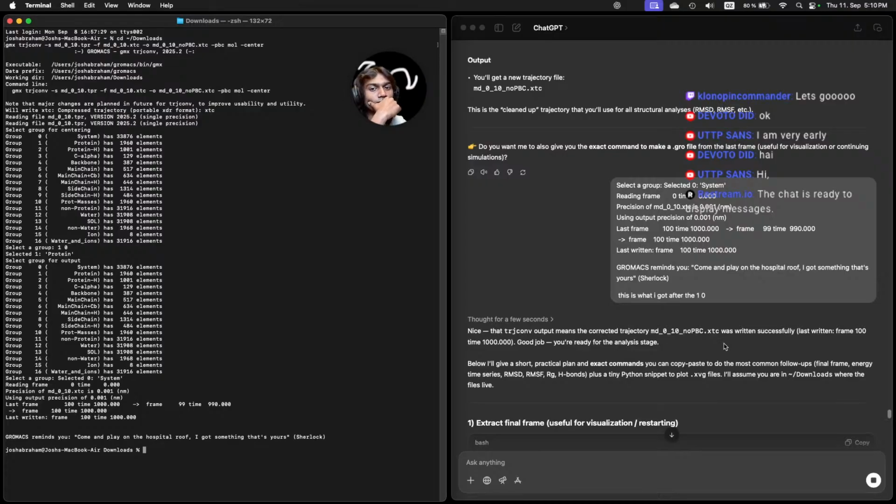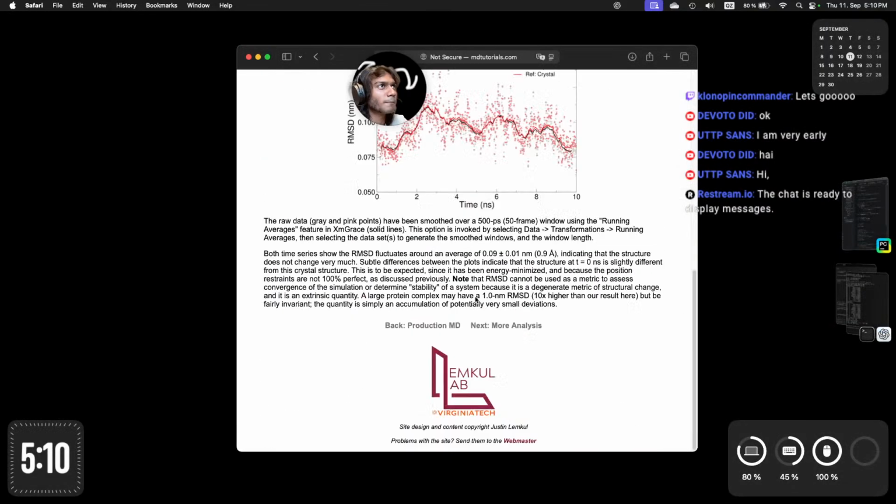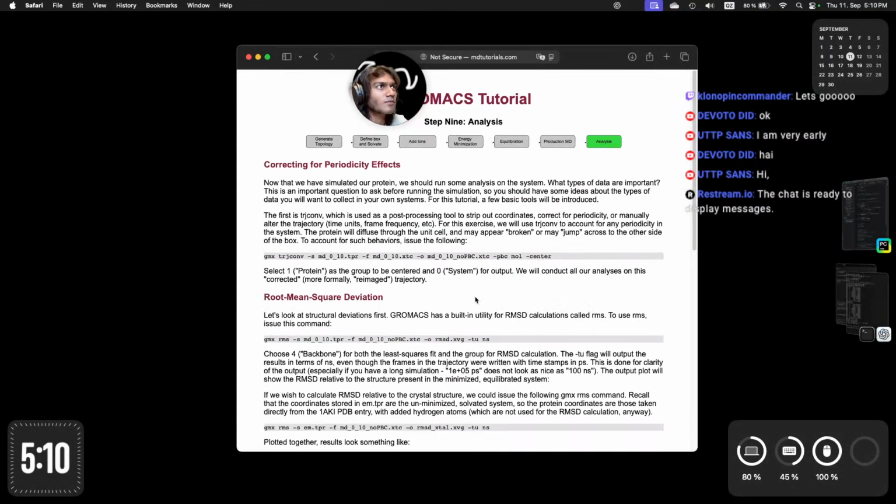Clone open commander, let's go! Let's go! I think I should be done within today, at least for the water lysozyme simulation.